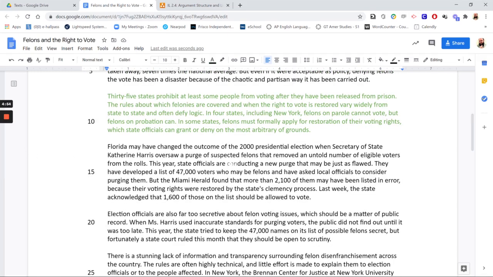So this paragraph is a little different than the previous one. Whereas the previous paragraph led off with a very specific claim, this paragraph doesn't. It just gives us a couple of really big examples: the example from the 2000 presidential election, and then this year, which is 2004 in terms of when they were writing this. So 2 big examples.